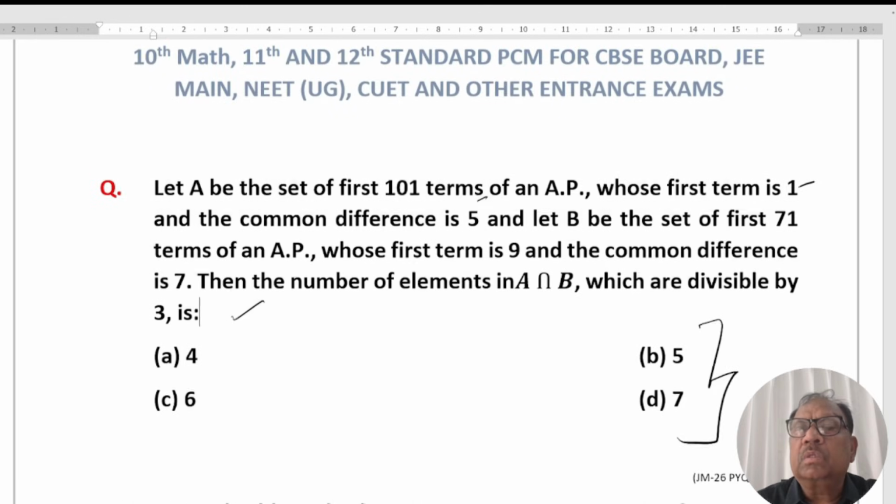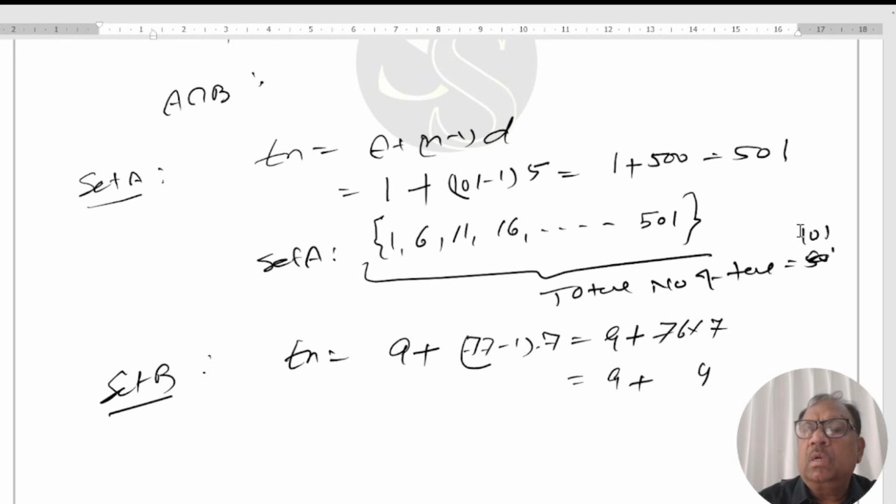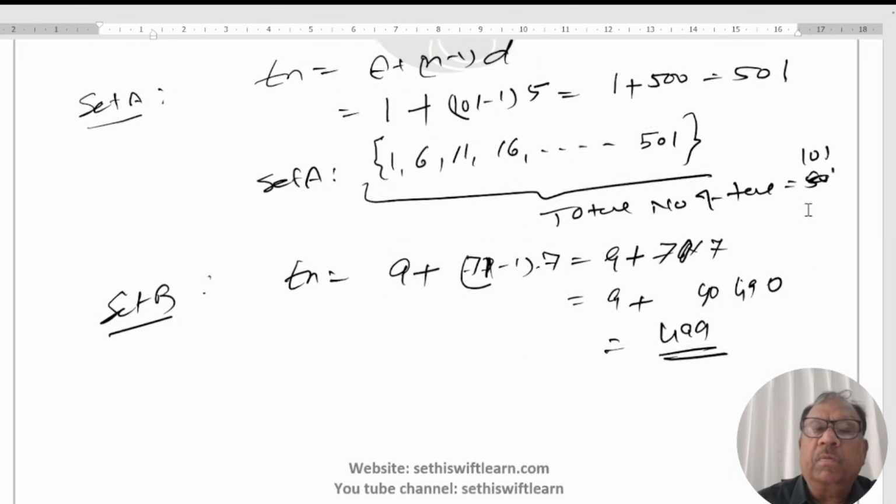Total number of terms is 71, so this will become 70. So this comes out to be 499. So the last term will be 499.